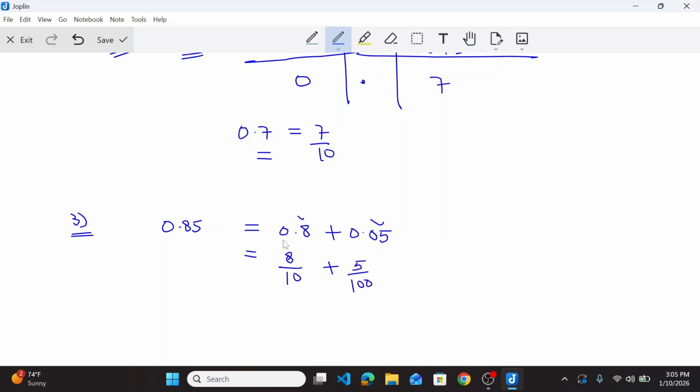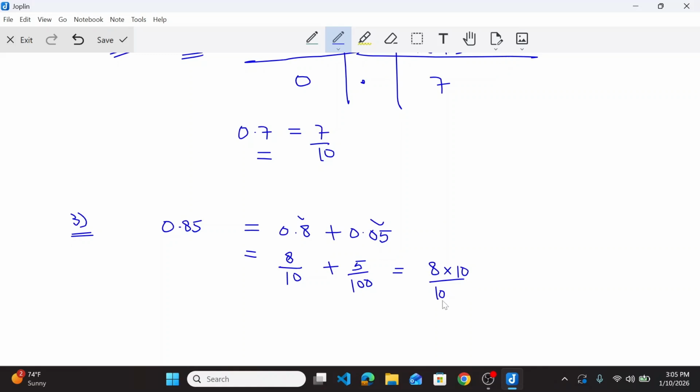When we skip the decimal, we give the 1, and after that, how many digits are there on the right side of the units? The left side is 0, the units. So on that side it's just one digit, so we'll give just a 0. So next, 8 into 10.